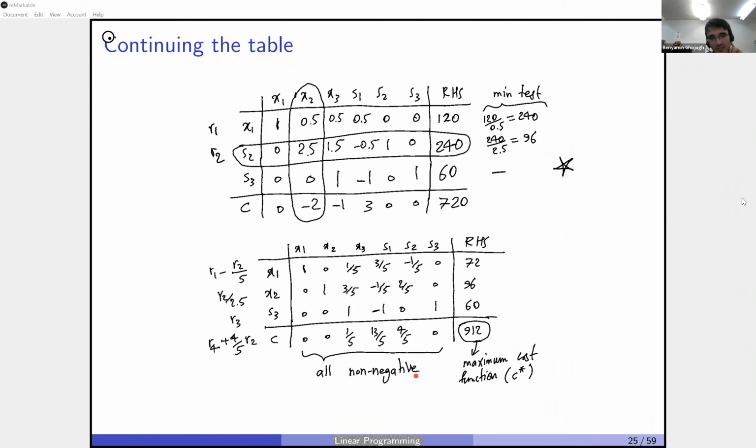And all of them are non-negative now. So you can't get the most negative value in the row anymore, right? Now, this is the end of simplex algorithm. And as you see, in each iteration, I said pick the most negative one and choose this, we are moving from one extreme point to another extreme point. So that's why I'm saying that the Tableau method is an implementation for the simplex algorithm.